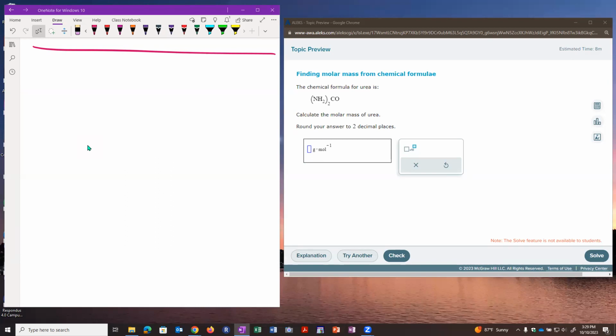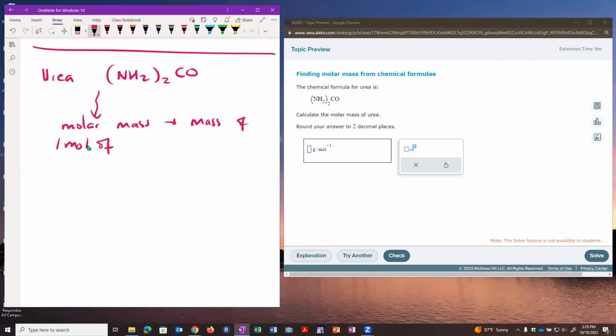So we're told the chemical formula for urea is NH2 in parentheses twice, and then we have a CO right after it. So the molar mass of this is by definition the mass of 1 mole of our compound urea, (NH2)2CO.